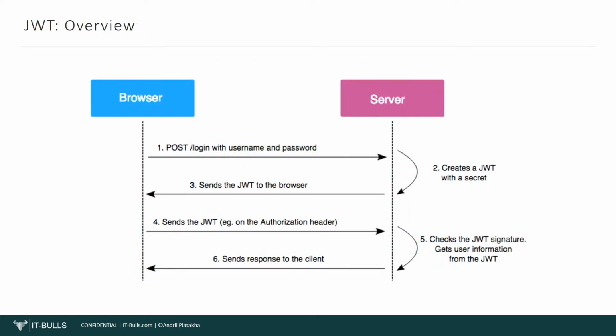JWT stands for JSON Web Token. It is a proposed Internet standard for creating data with optional signature and/or optional encryption whose payload holds JSON that asserts some number of claims. The tokens are signed either using a private secret or a public-private key. For example, a server could generate a token that has the claim logged in as administrator and provide it to a client.